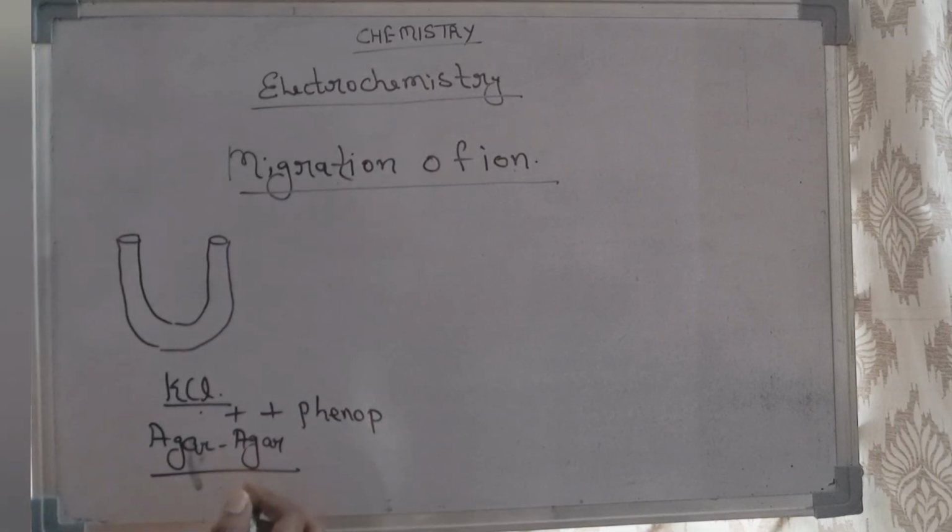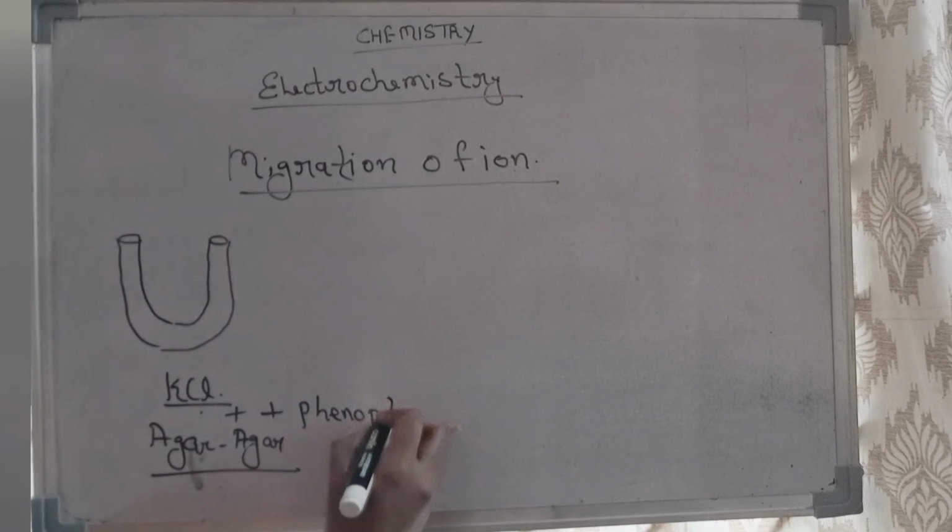You know that in elementary classes we did one experiment, the neutralization reaction. In that case we used phenolphthalein as an indicator to check whether the base is there or not. If the pink color appears in the solution, then we get the result that the base is there in the solution. In this case also, if we put in phenolphthalein and then a base like NaOH or KOH, it will give you the pink color in the basic medium.